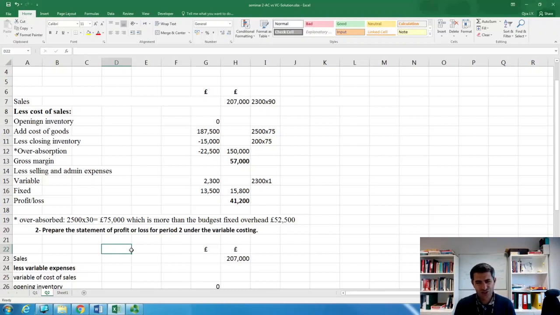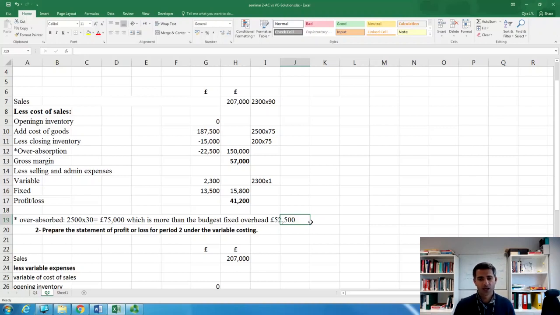But the actual production overhead is not 75,000. It's 52,500 pounds, and this is the actual one here. In this case, you understand that we are over absorbed.